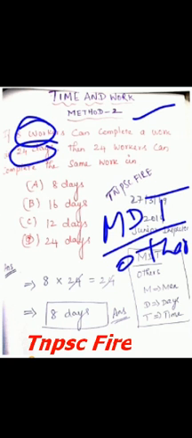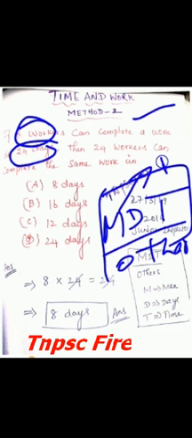Here M is men, D is days, T is time. If you see questions like this, with men, days, time, you multiply those values in the numerator.